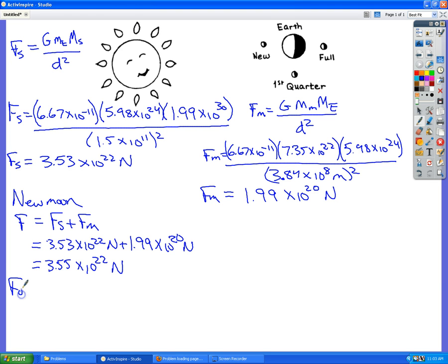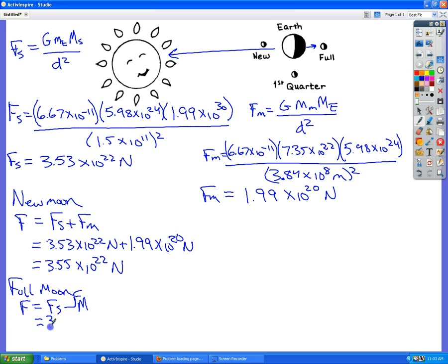The full moon, you'll notice that it is on the total opposite side of the earth. So because it's pulling in one direction and the sun is pulling in the other direction, we need to subtract the two numbers. So this force will be equal to the force of the sun minus the force of the moon.